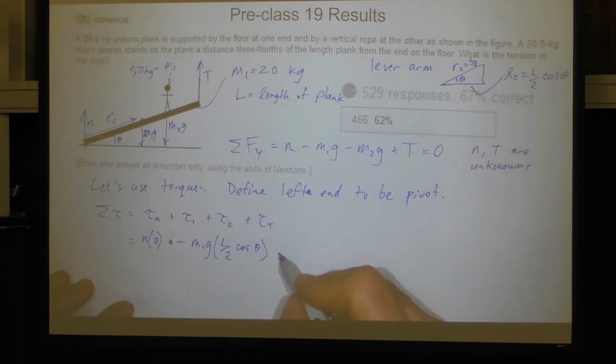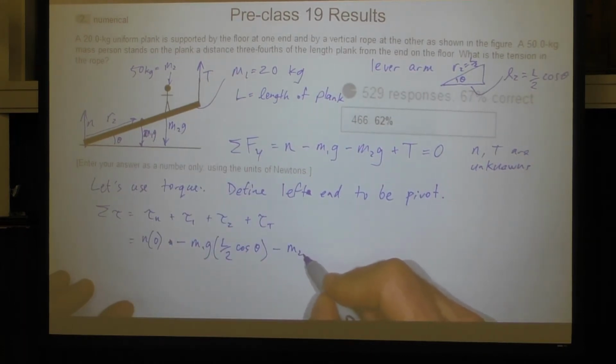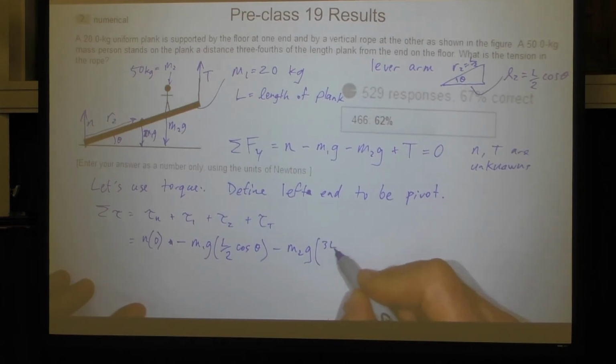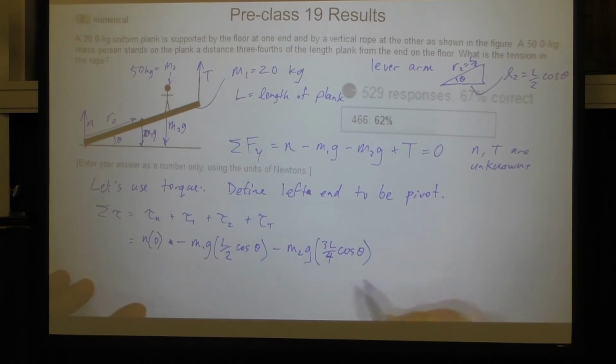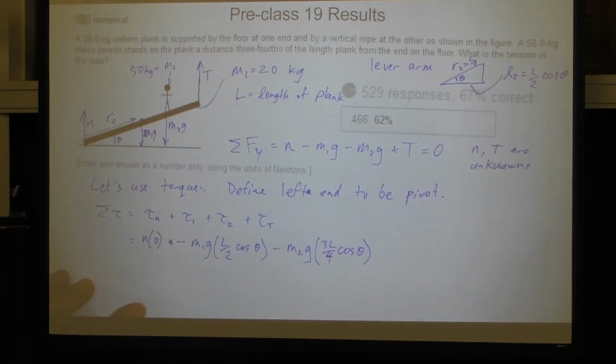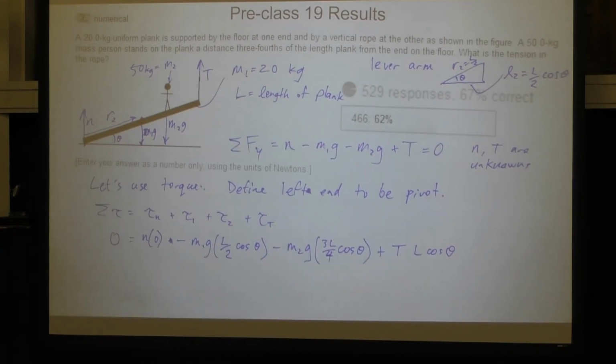And then the person is going to be M2G times, I think it's 3/4 of L times cosine theta. And then finally the tension, which is the only counterclockwise positive torque, so tension times L times cos theta. And set all that equal to 0.